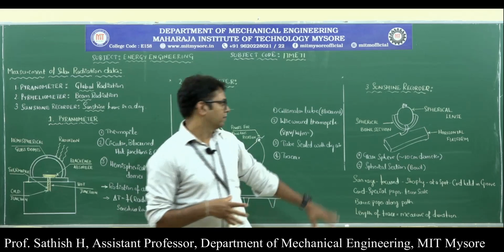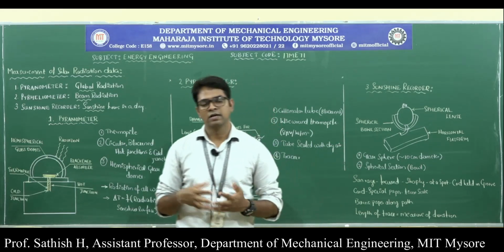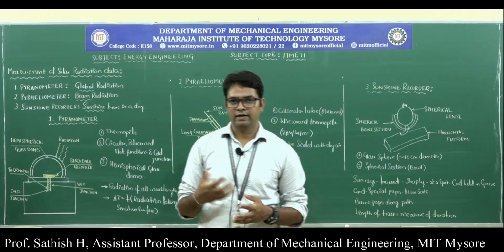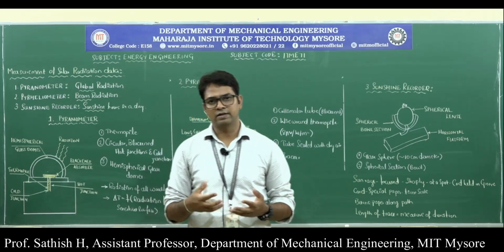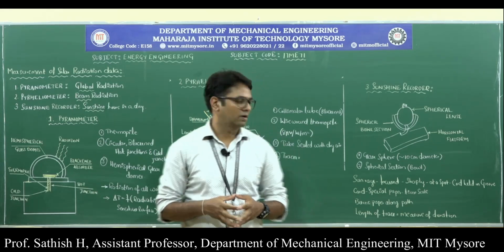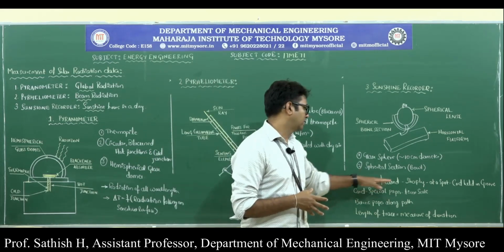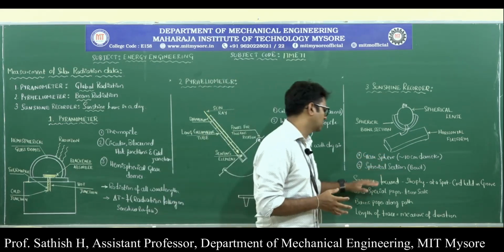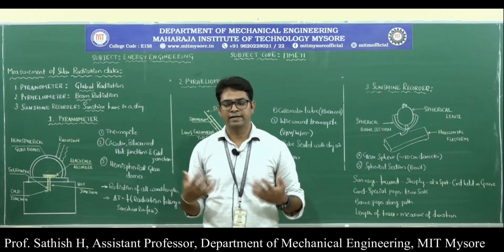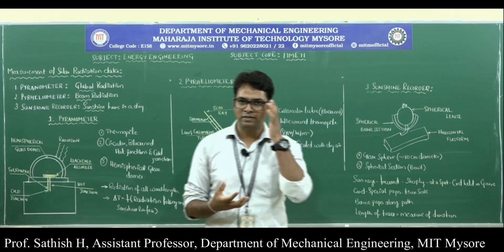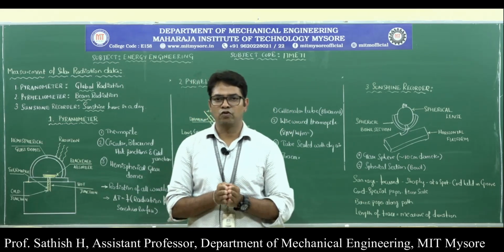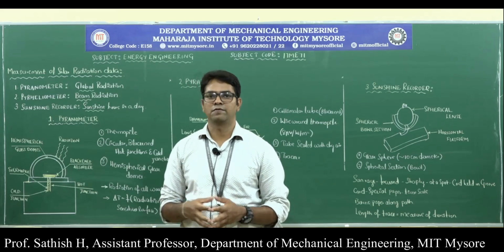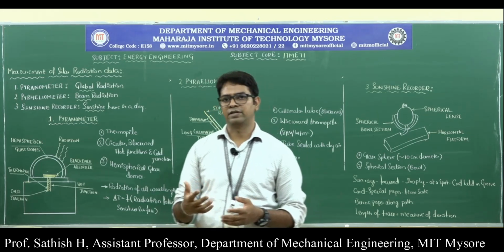So this is how the sunshine recorder works. Basically it measures the number of sunshine hours in a day. It consists of a spherical glass mounted on a spherical section or ball, and the whole setup is mounted on a horizontal platform. The radiation from the sun is absorbed by the spherical glass and focused onto the spot where the card made of special paper is kept in a groove.